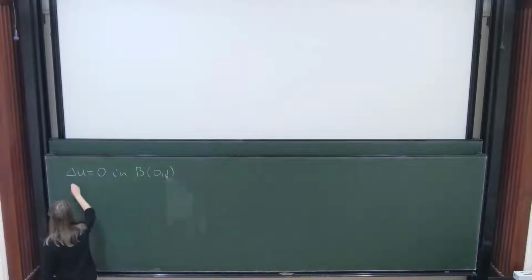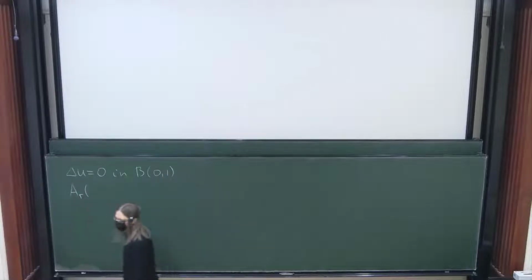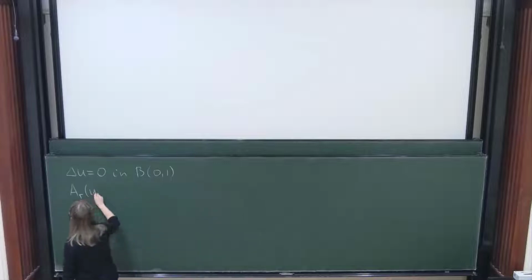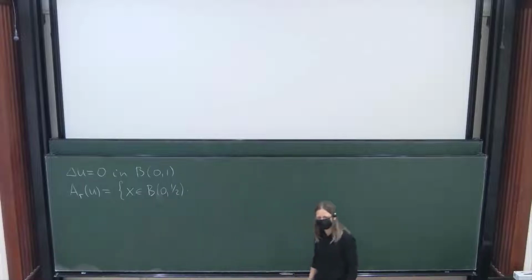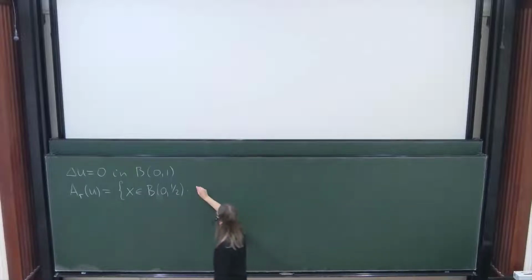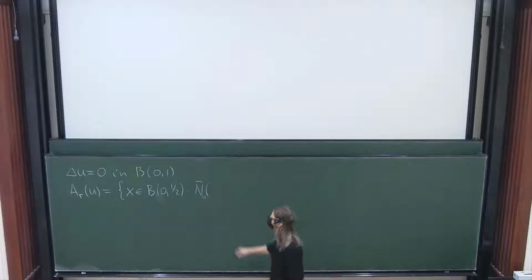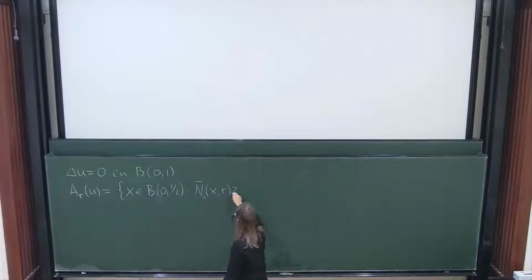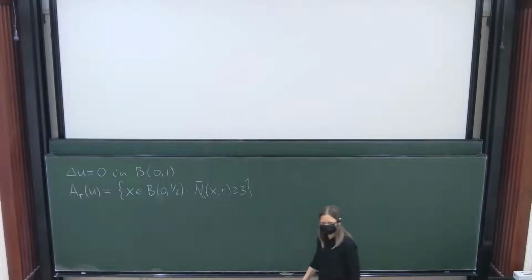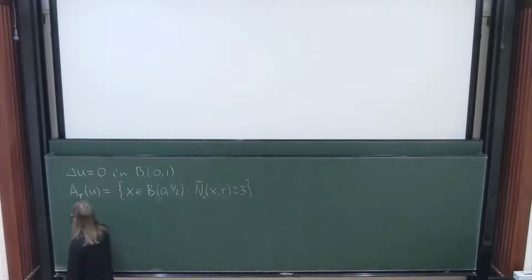And in my notation from Tuesday, we're looking at the set of the points, say in the half of the ball, for which the upper frequency of the function at point x and this radius r is larger than or equal to 3. This is the effective critical set.